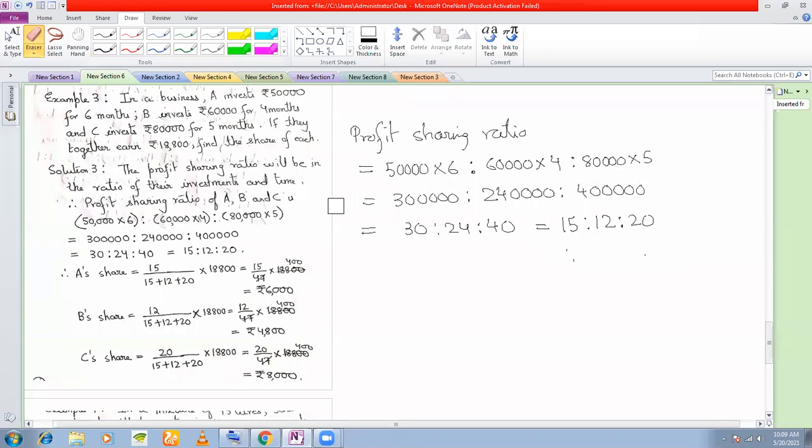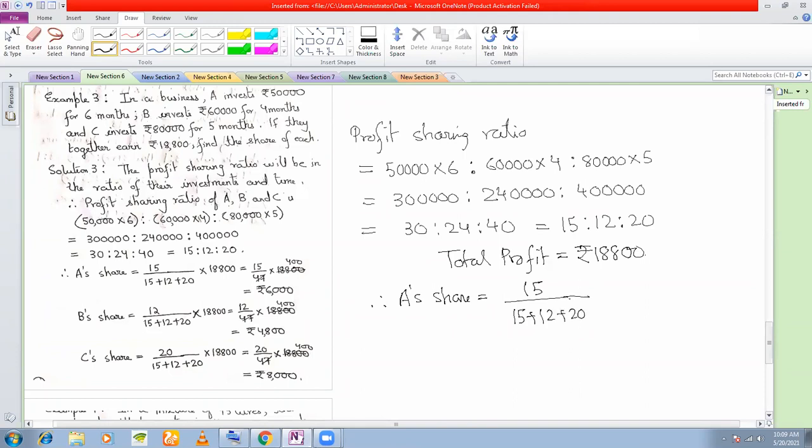So how to find out what is the total profit here? Rupees 18,800. So therefore, how much does A get? A's share is 15 by 15 plus 12 plus 20. This fraction is the fraction of A's share.